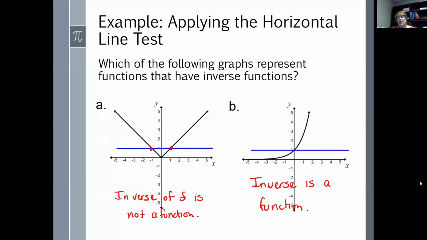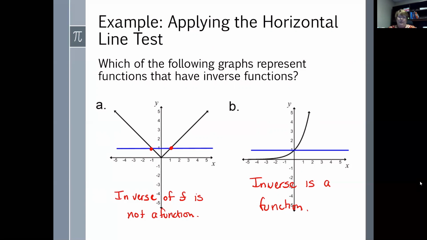So the vertical line test is used to determine if the graph is a function. If you could draw a vertical line through the graph and never hit the graph more than once, it's a function. The horizontal line test is used to determine if the inverse of that function is a function. In part A, that is a function.